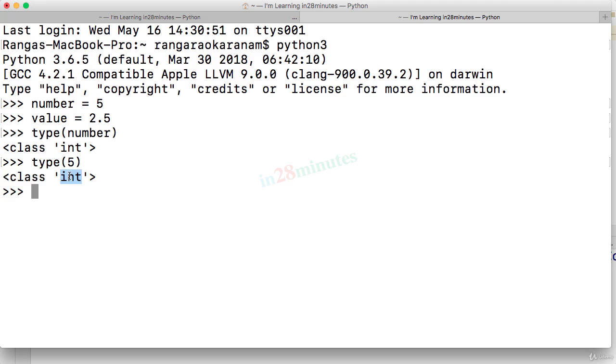One of the most important things that you need to understand is that in Python, there are no primitive data types. What does that mean? That means that every value that you see in a Python program is an object, an instance of some class.